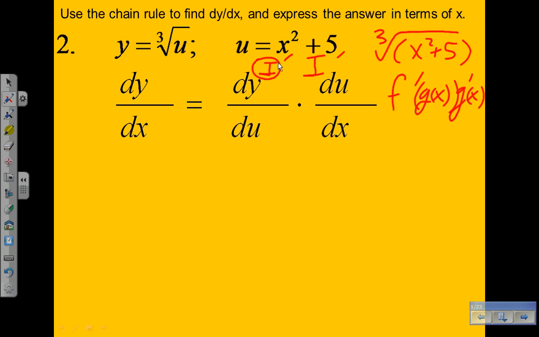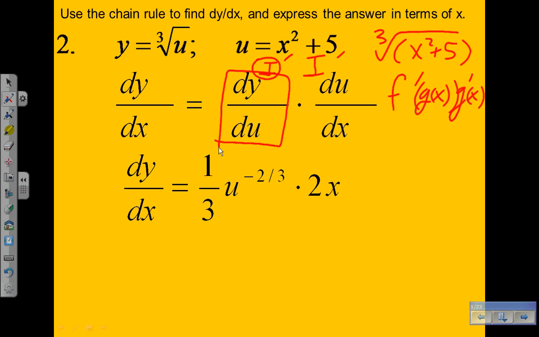So, the derivative of the cube root of u is the same as 1/3 u to the negative 2/3. The derivative of u with respect to x is just 2x. Okay. This first one says I took the derivative of y with respect to u as my variable.